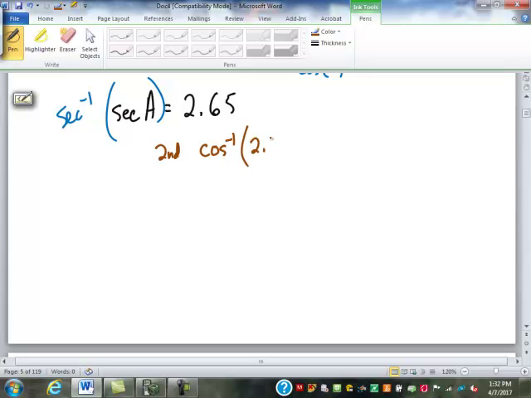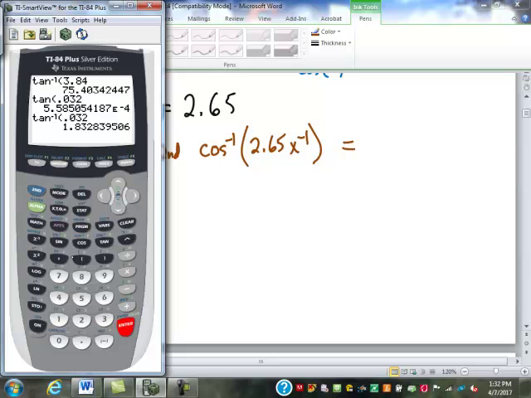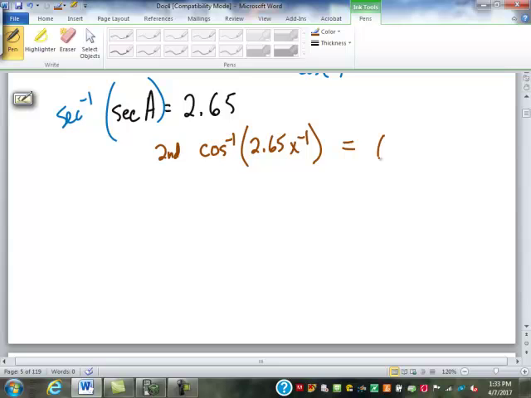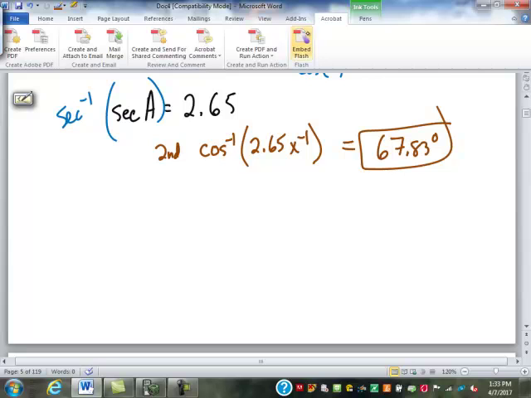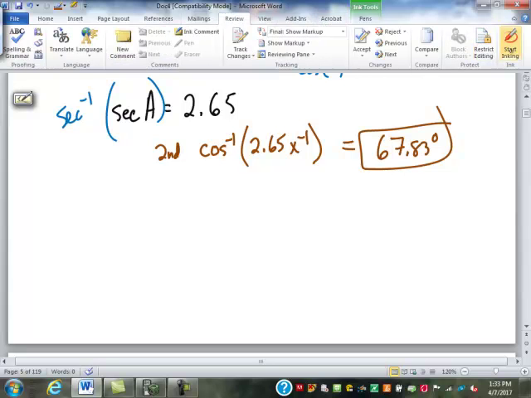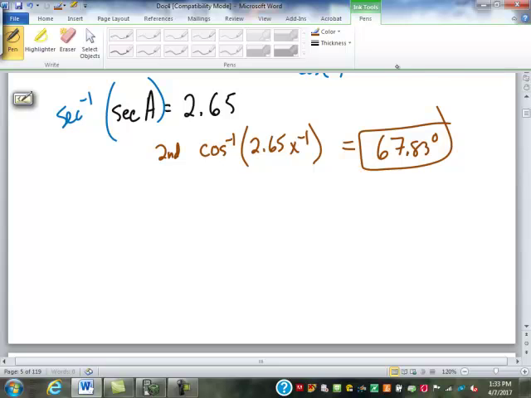You're going to type in the 2.65, but you're not going to close the parentheses yet. You're going to put the x negative 1, then close the parentheses. 67.83 degrees. On your calculator, you put in the 2.65, 1 over x, then second cosine.